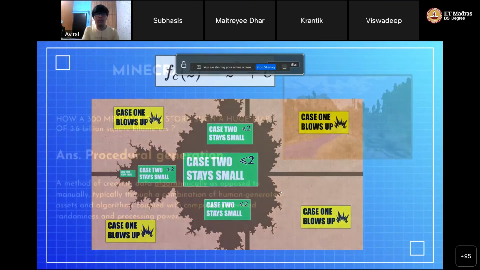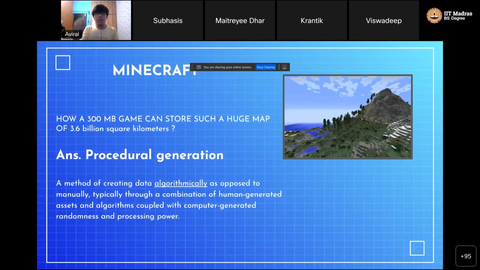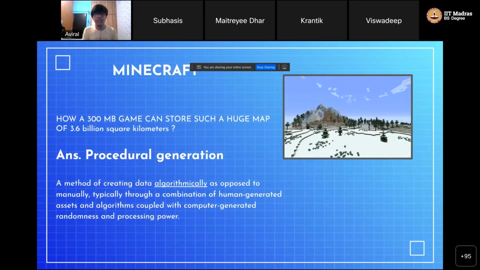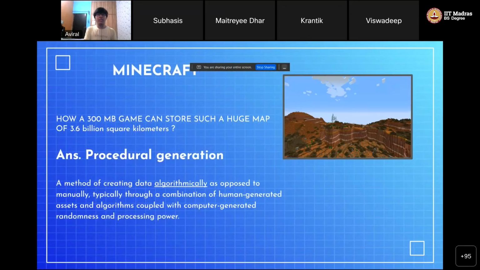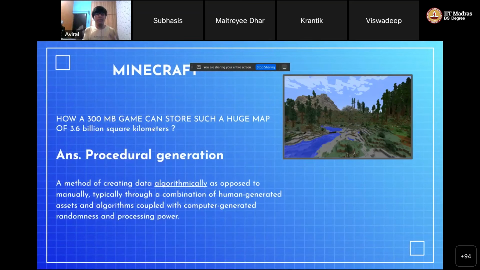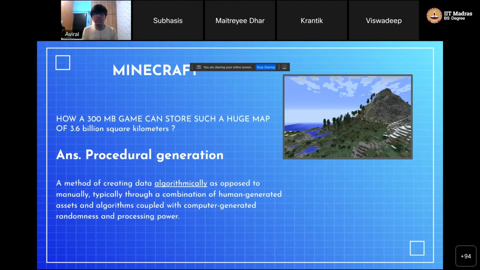Now I'm going to talk about why Minecraft comes into the picture here. Minecraft is a game which uses procedural generation. Without procedural generation, how can a 300 MB game store a huge map of 3.6 billion square kilometers?